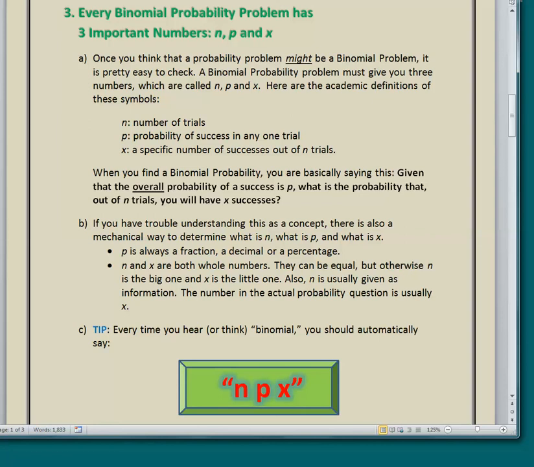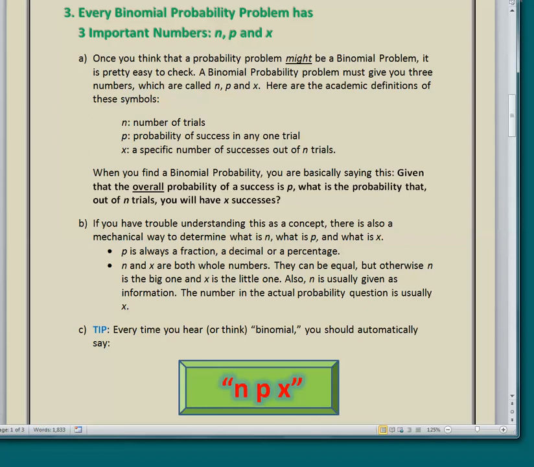Once you see that a probability problem might be a binomial problem, it is pretty easy to check. A binomial probability problem must give you three numbers, which are called n, p, and x. Here are the academic definitions of these symbols. N is the number of trials. P is the probability of success in any one trial.